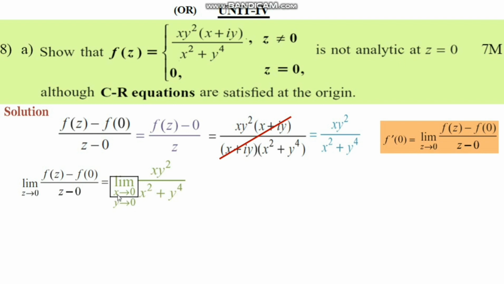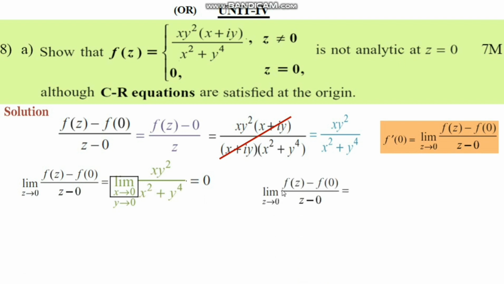Basically, x is replaced with 0, so 0 times y square, that is 0 in the numerator, over 0 square plus y power 4. 0 by y power 4 is 0 only. So 0 is a constant function, therefore the limit of this function is 0. That means f dash of 0 is equal to 0 along this particular direction.